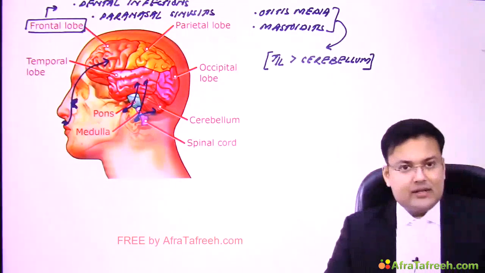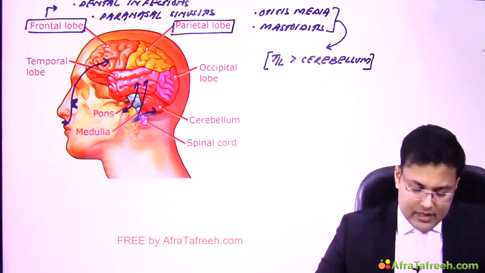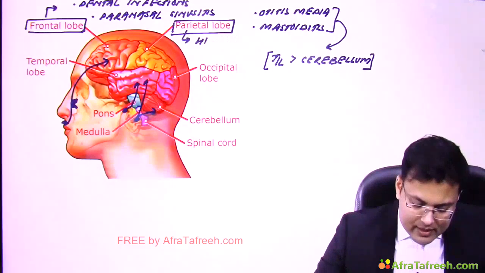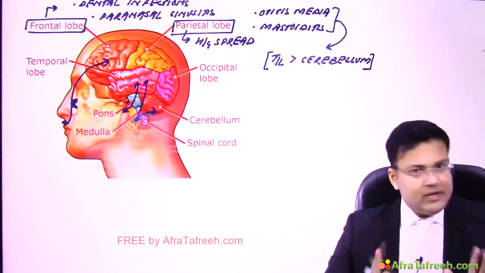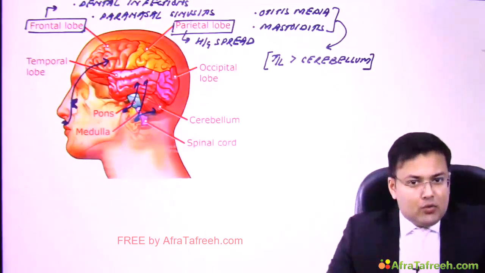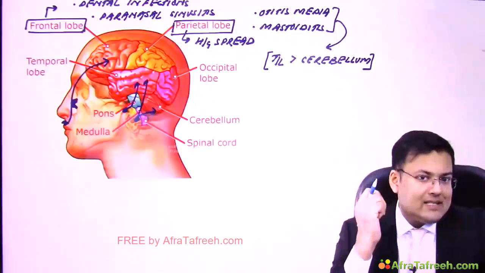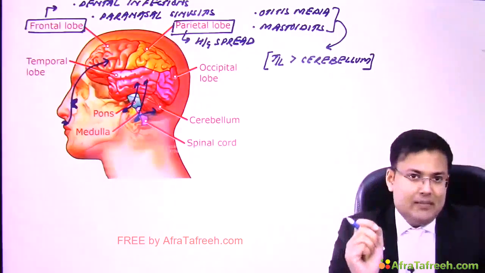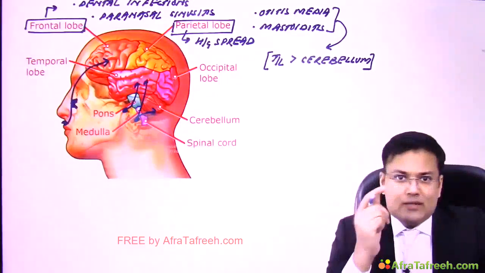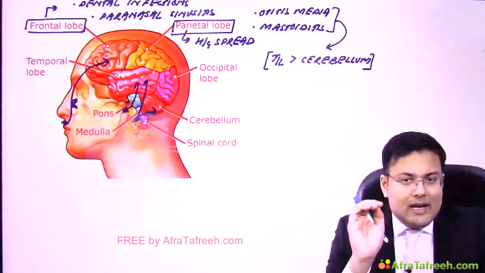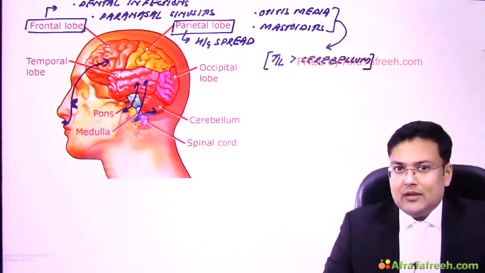And the most common site is the parietal lobe in patients who have hematogenous spread. Okay, so we are going to revise it quickly. It's very important. Most common site in patients who have otitis media or mastoiditis: temporal lobe followed by cerebellum. If there is dental infection or paranasal sinusitis, the most common site is frontal lobe. And if there is hematogenous spread, the most common site is parietal lobe.